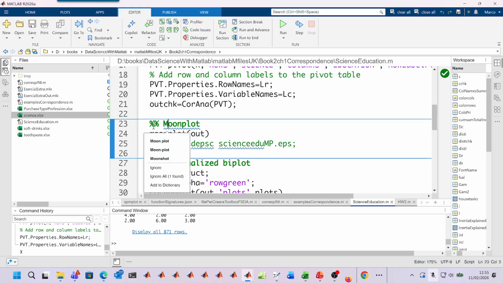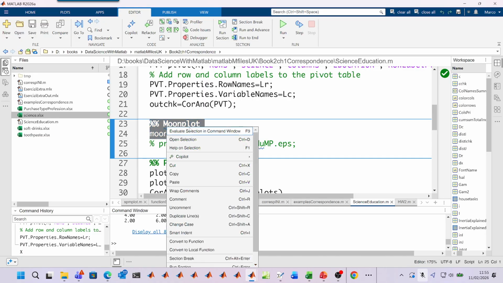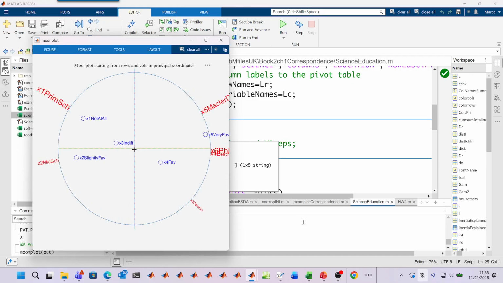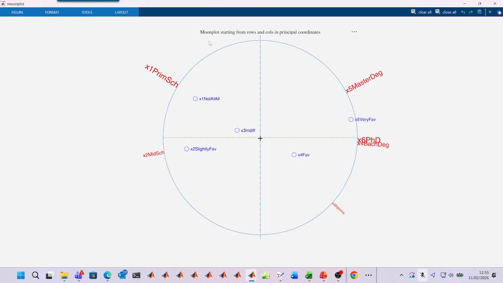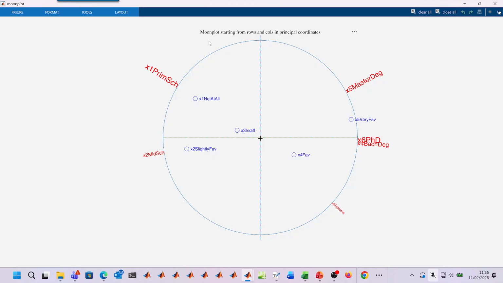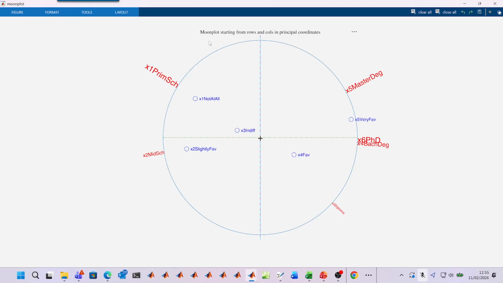Then let us look at the moon plot. You see, now very favorable is surrounded by PhD, bachelor and master. Not at all is clearly in the direction of primary school.